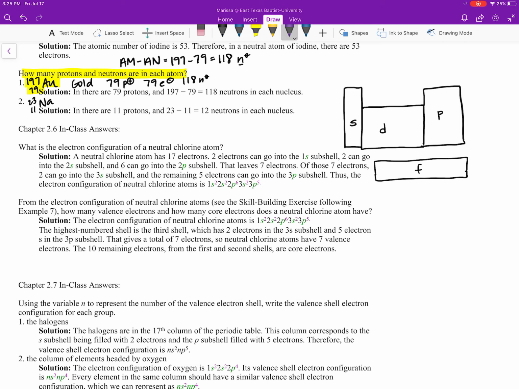So chlorine is over here in the p block, but it wants us to write the electron configuration. Now chlorine has 17 electrons that we have to account for.